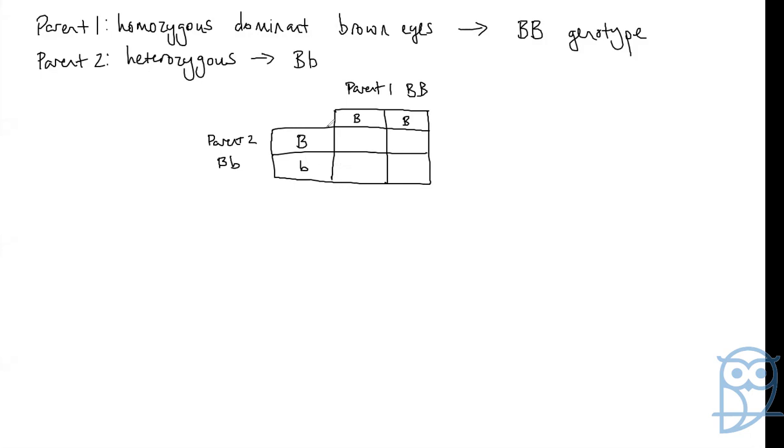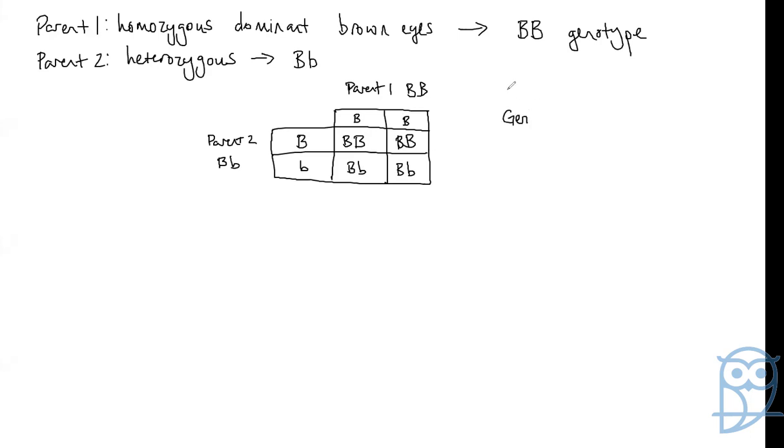When we bring this all across, in this square we would have top and left capital B, and the same thing if we move across here, we've got two capital B's because we're bringing this one from the row and this one from the column. Bottom row first column is capital B, little b. Bottom row second column is also capital B, little b. So these are our possible offspring genotypes from these parents.